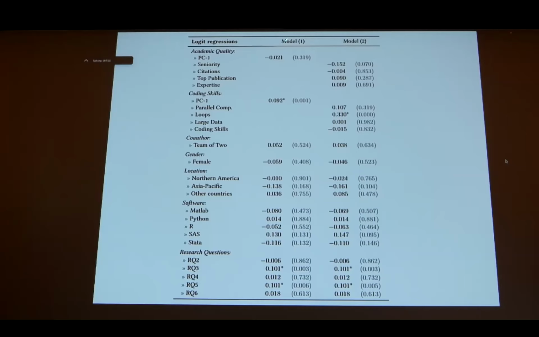So that's the difference between model 1 and model 2. Quarter doesn't help, gender, location, no effect. Software, we were expecting some software being positively associated with the capacity to reproduce the result. It's not the case. Research question, again, the easiest question, the less ambiguous question, it's way easier to reproduce them.